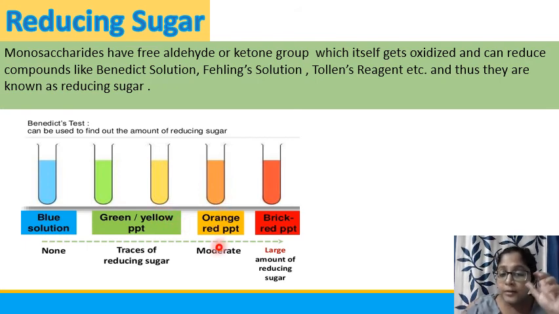If there is a moderate amount of sugar, it is orange, and a large amount of reducing sugar will give you a brick red precipitate. So if you have a monosaccharide and you add Benedict's, Fehling's or Tollens solution, they will reduce the compound and change the color, like in Benedict's it changes to a brick red precipitate.